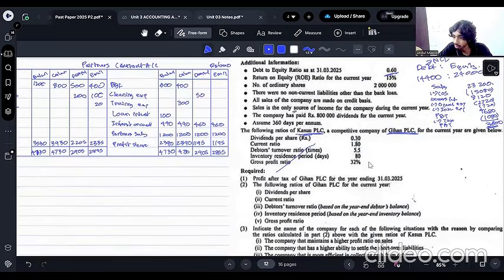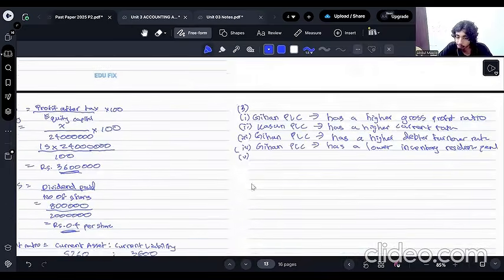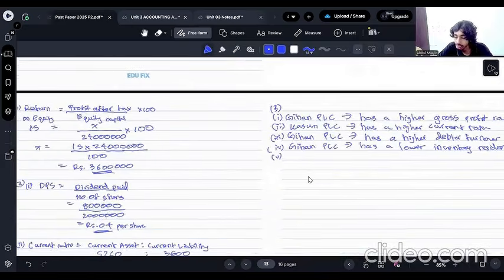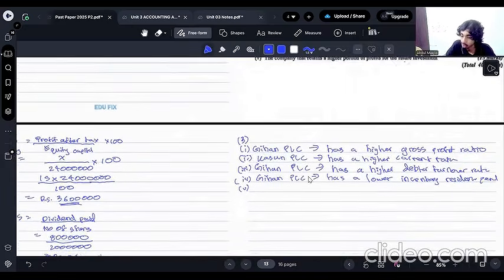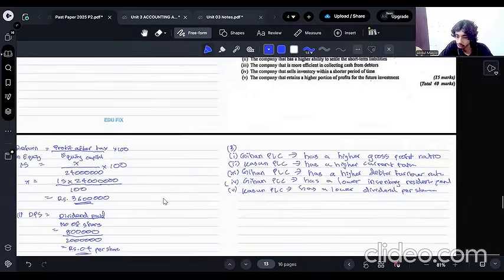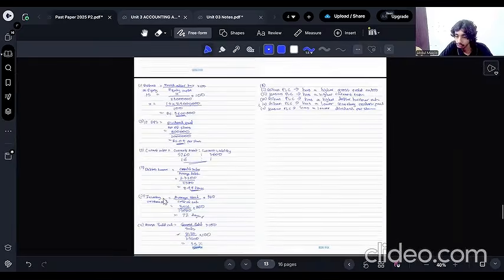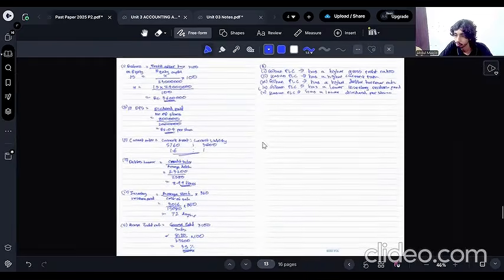That is Kasun, right? Kasun is giving less dividend per share compared to Gihan. Then they are retaining more profit. That is Kasun PLC has a lower dividend per share. Okay, and that is your fifth question, partnership and ratios. All right.